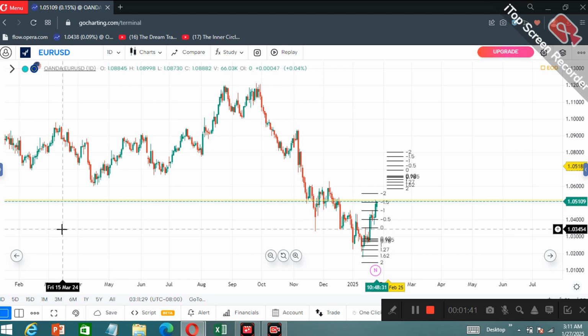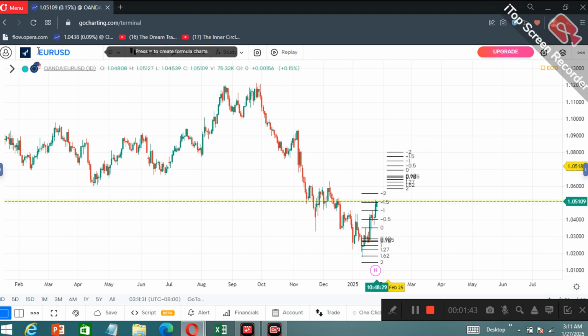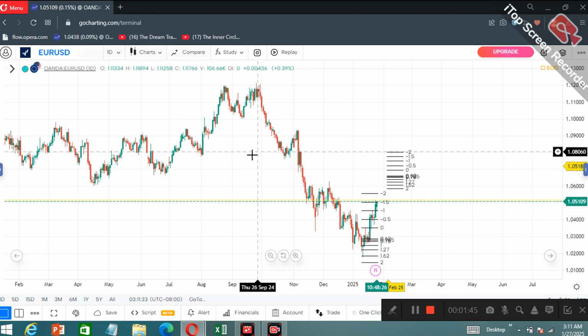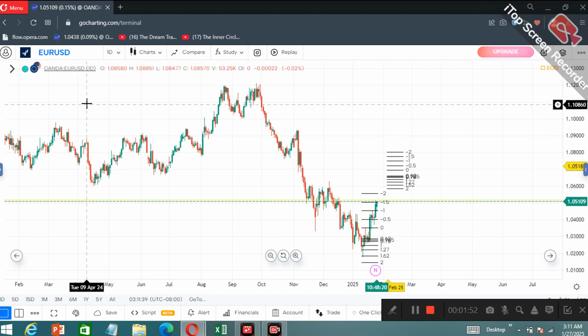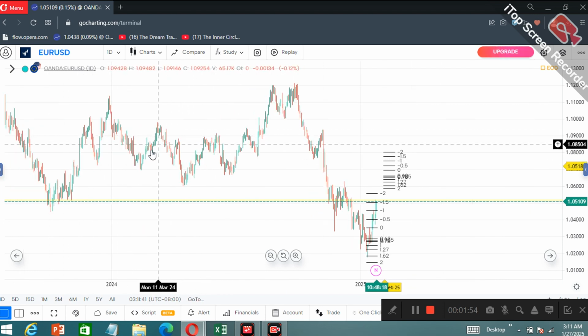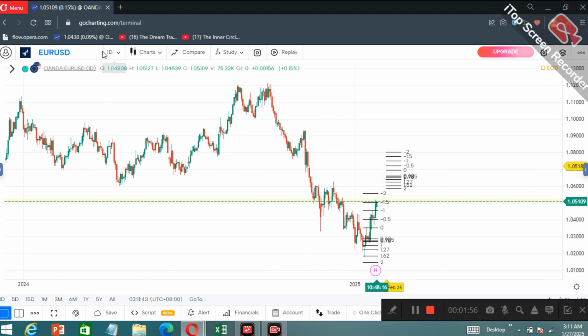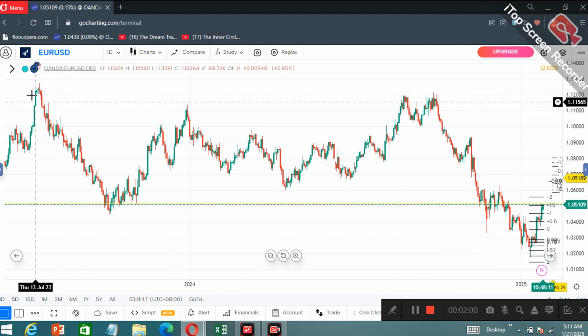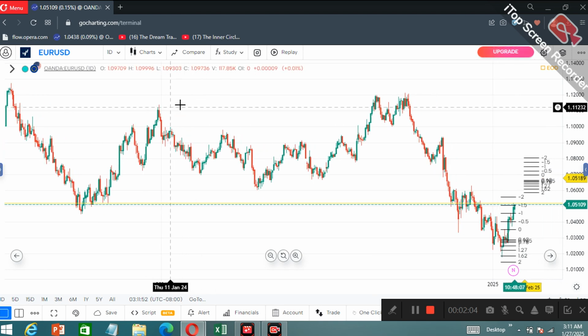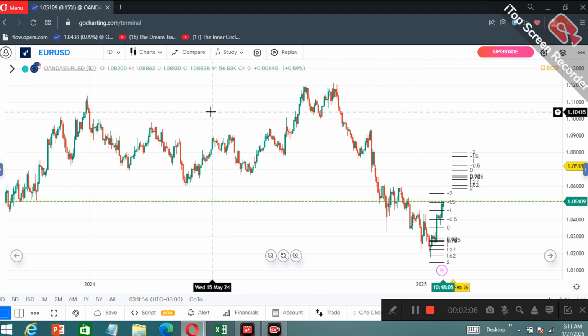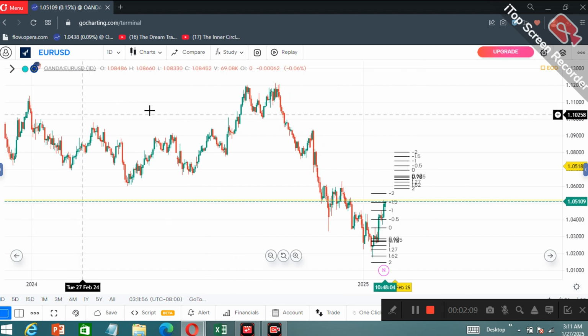But I say this is Euro USD because of more fluctuation in the market. I will analyze first in the 1 week. Why do I analyze in the 1 week? Because this is a more fluctuating pair that a lot of traders trade in forex.